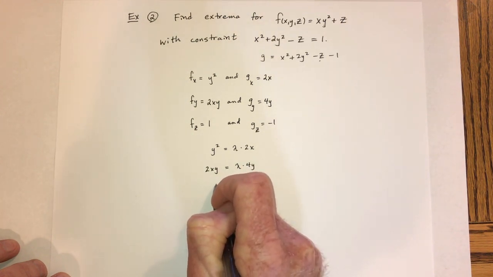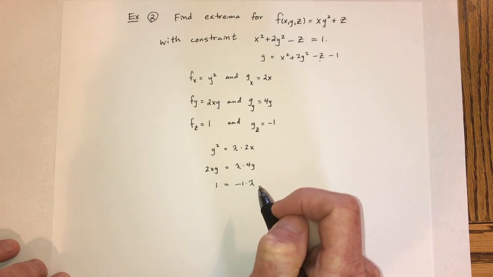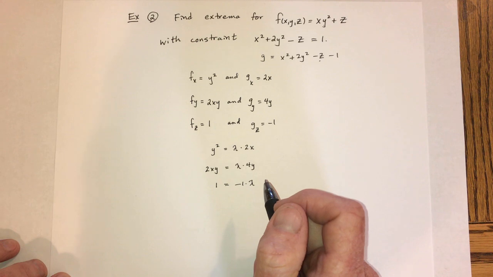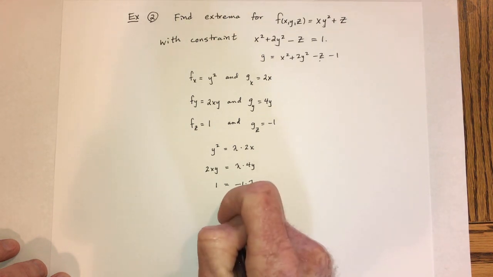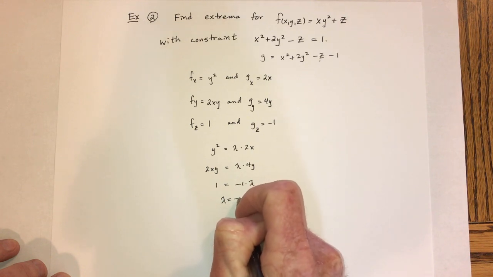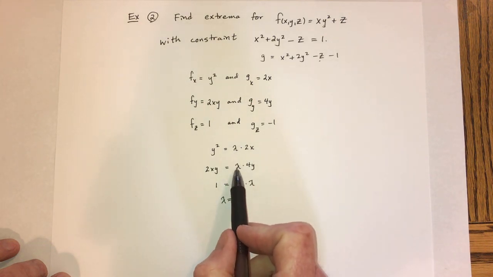And the bottom one is going to say 1 equals negative 1 times lambda. So that would mean that lambda equals a negative 1. That turned out to be pretty nice algebra right there. And then we could substitute that here and here.